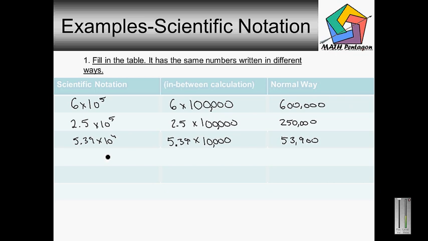Okay, we have now 2.03 times 10 to the 6th power. So in the in-between calculation we would put 2.03 times, so we have 6 zeros plus the 1, so 1 and 6 zeros.